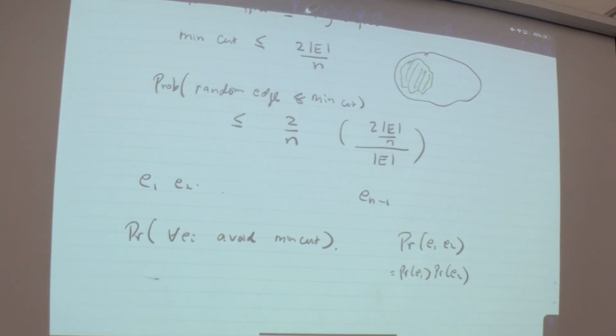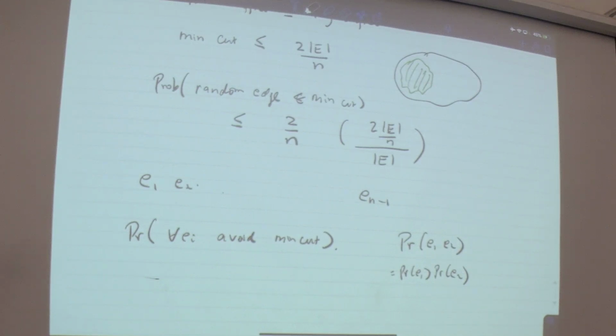But that's wrong, because that's only true if these are independent factors. The problem is picking E1 changes the graph in a way that might change the probability of E2. Picking E2 changes the graph in a way that might change the probability of E3. These variables are not independent.